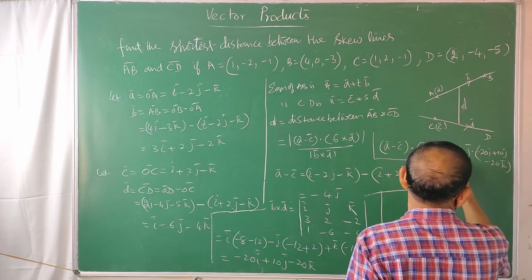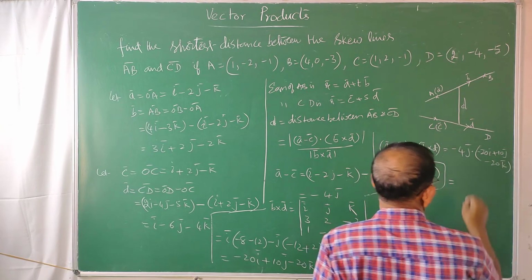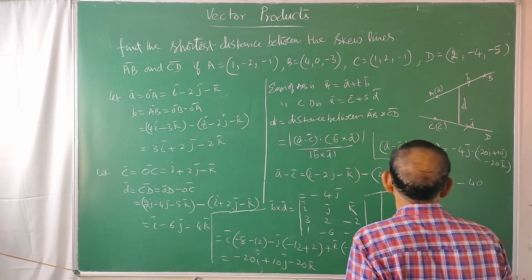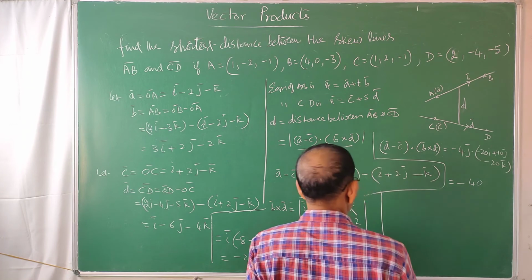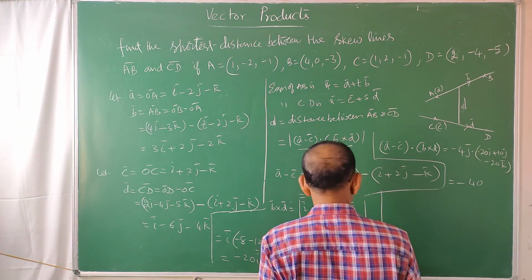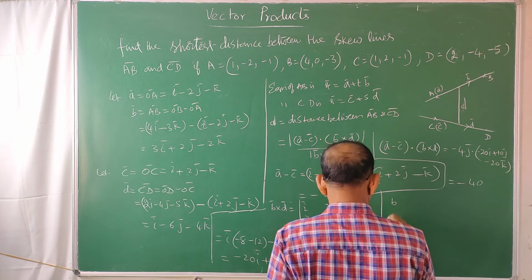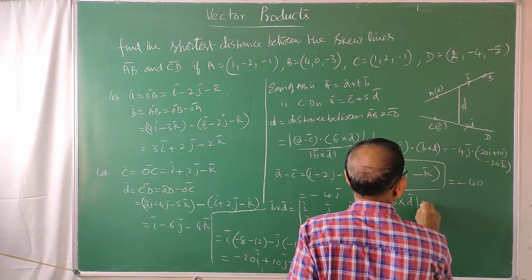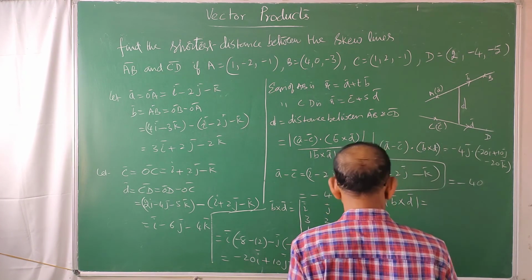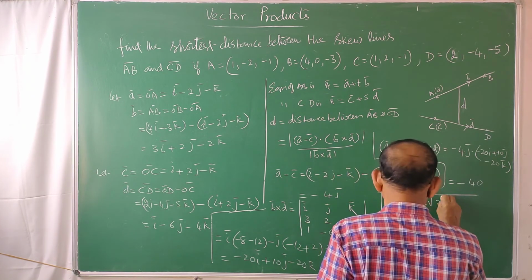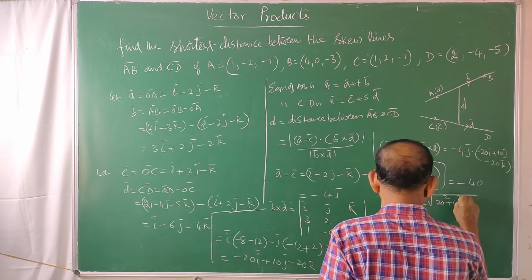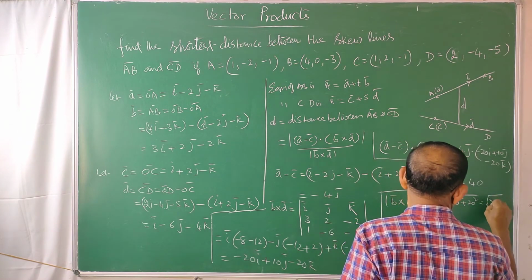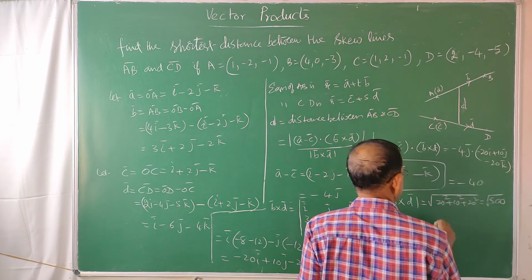Only the j bar component is present, so minus 4 into 10 is minus 40. Now let us find the modulus of B cross D: root over 20 square plus 10 square plus 20 square, that is 400 plus 100 plus 400, root of 500, that is 10 root 5.